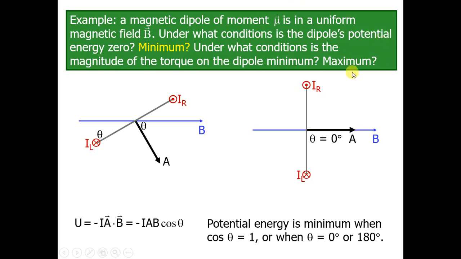The angle between the magnetic field and the area vector is theta, so here theta is equal to 0. The potential energy is minimum when cos theta is 1, that is, theta is 0 or 180 degrees.